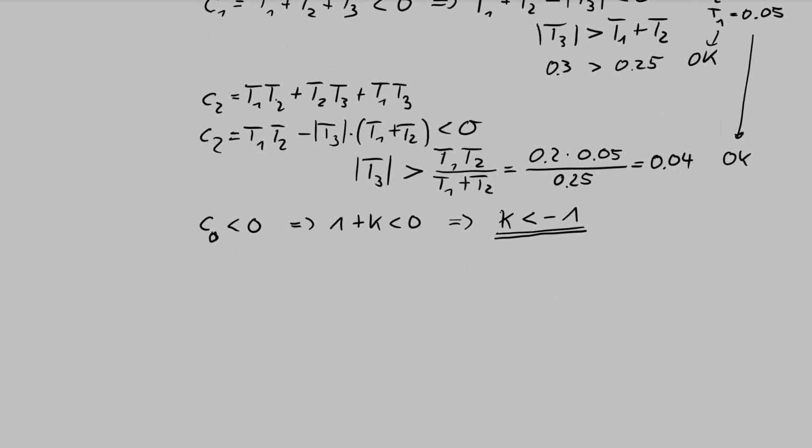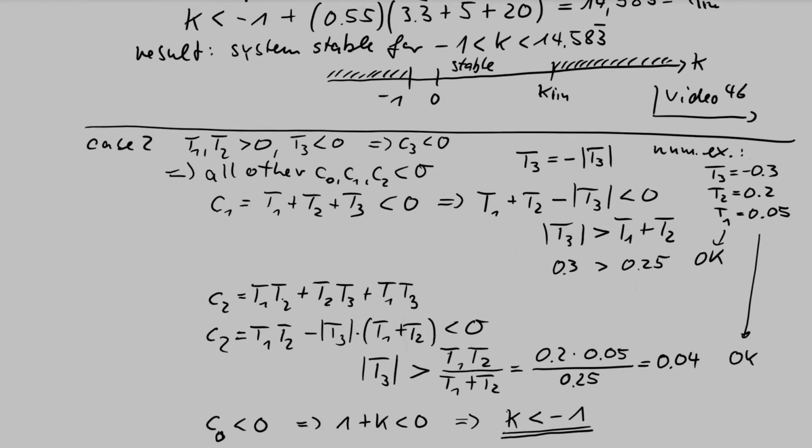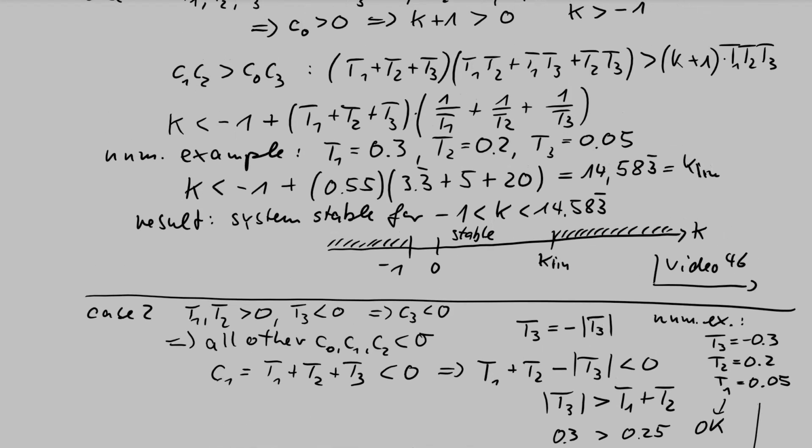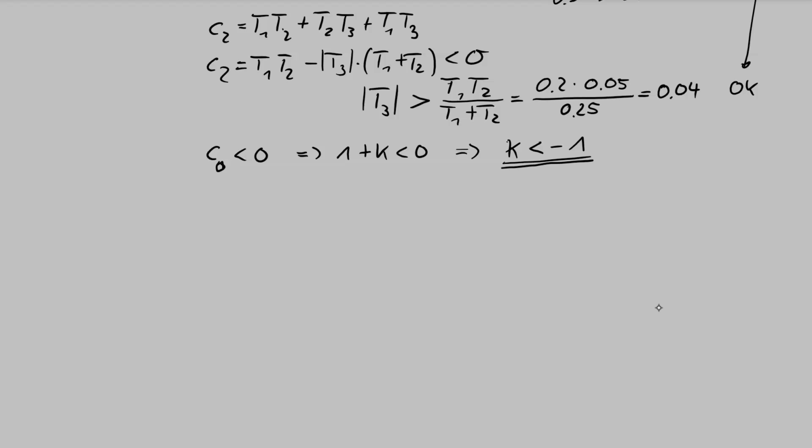To get this sufficient condition, we have to check the inequality for polynomial functions where n is 3. This is the inequality C1, C2 must be larger than C0, C3.